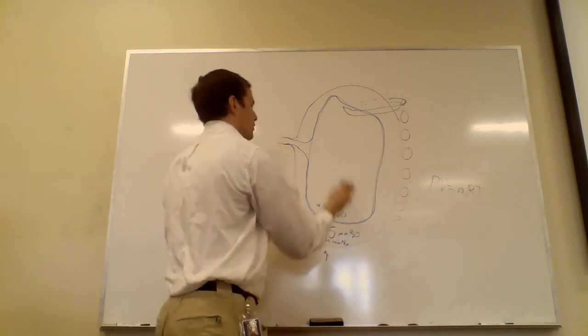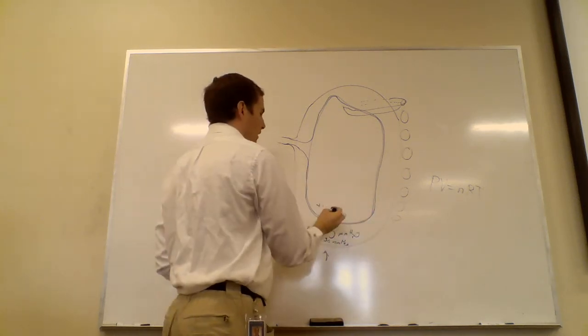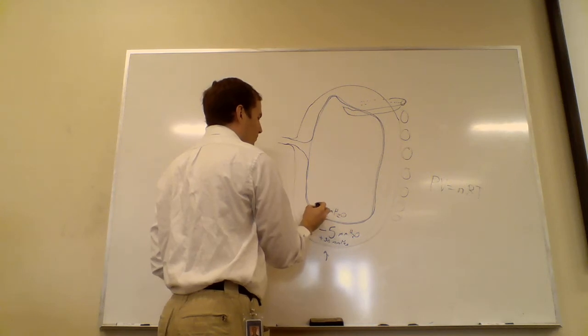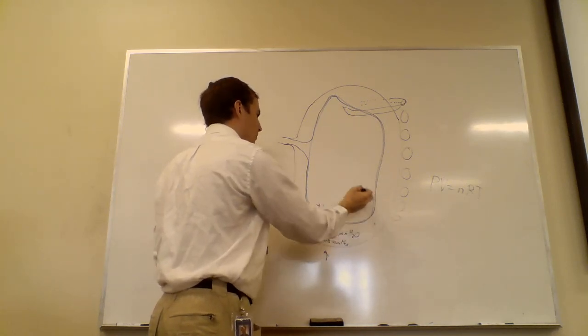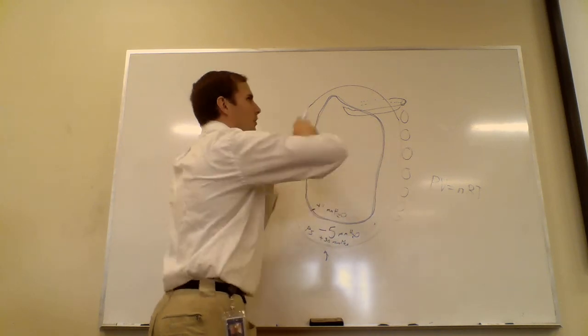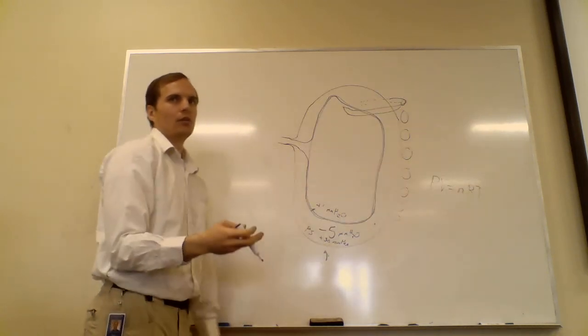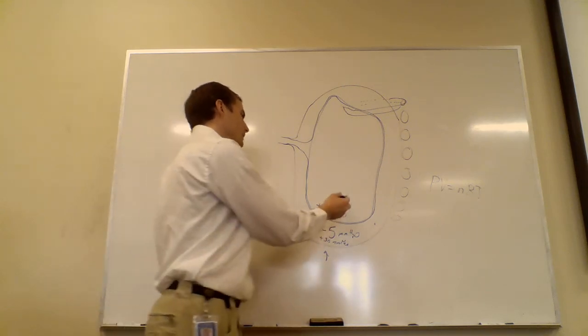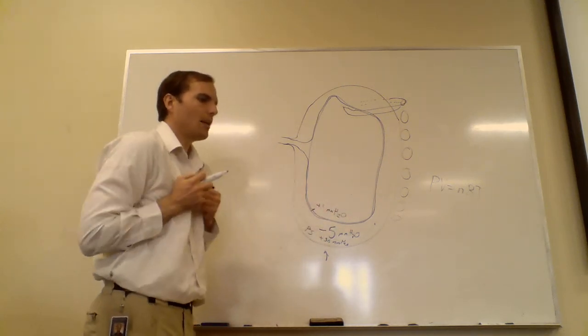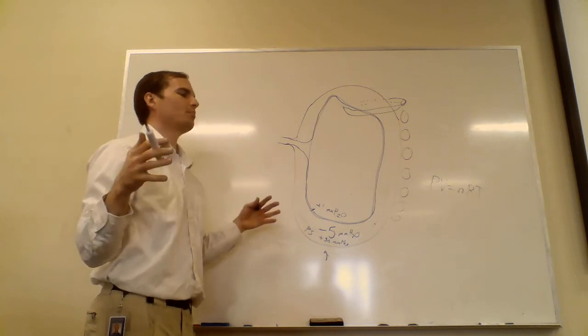And it's a high pressure, and pressure is going in, and so that means that you would be squishing the lungs. So the ribs squish the pleural membrane, which squishes the lungs, and then the lungs get smaller and you exhale. Okay?